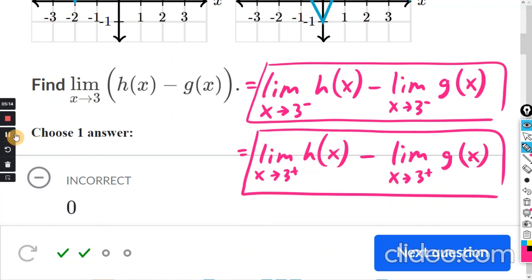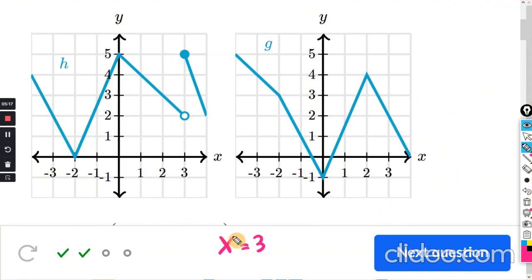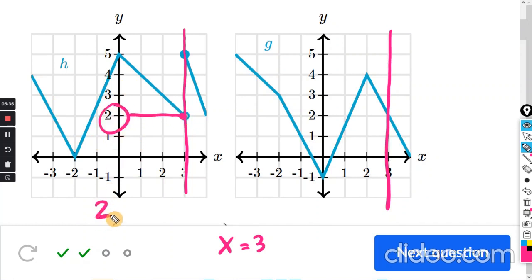So let's try it. We're going to x equals 3, again right here. From the negative side, if I trace the graph, I land at 2. And on this one, from the negative side, I land at 2. So that's 2 minus 2, which is just 0. Now let's try it from the positive side.